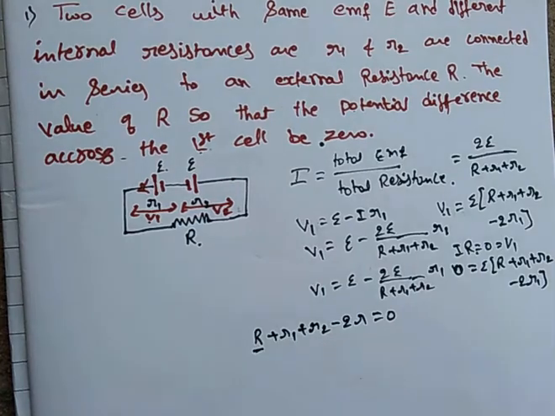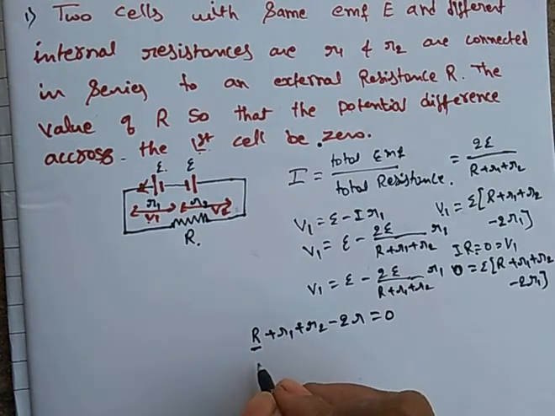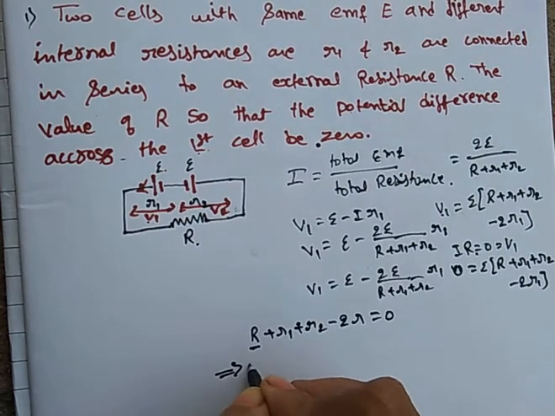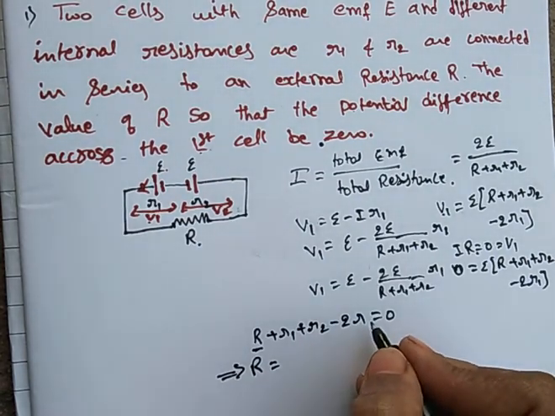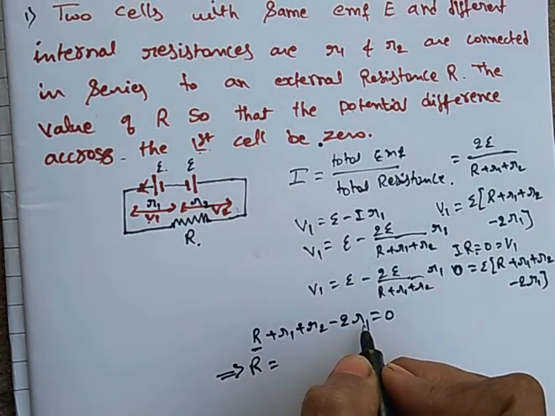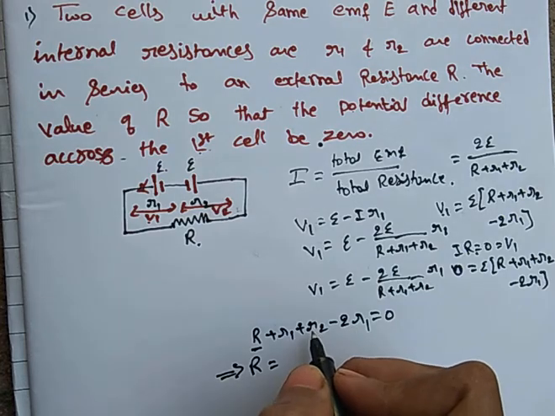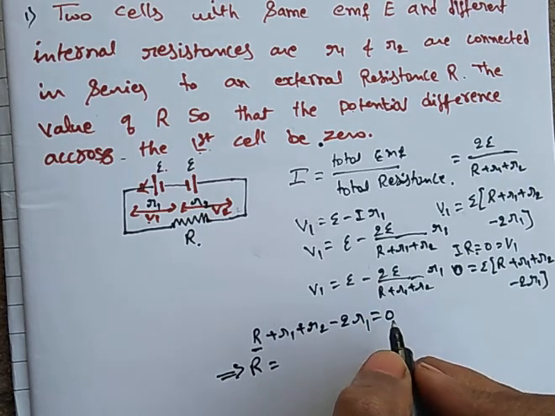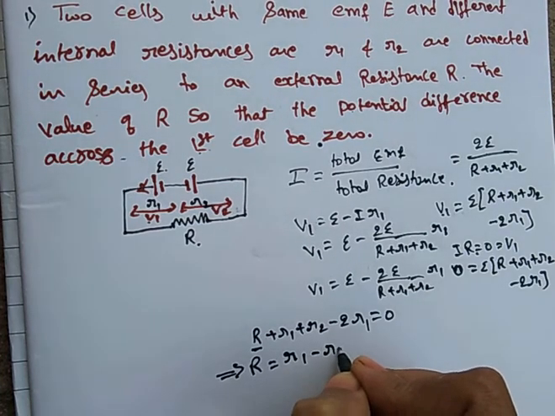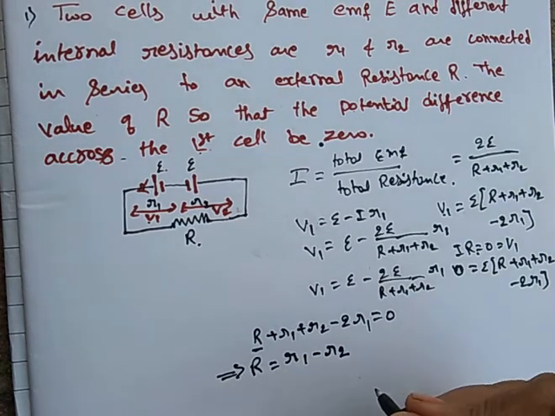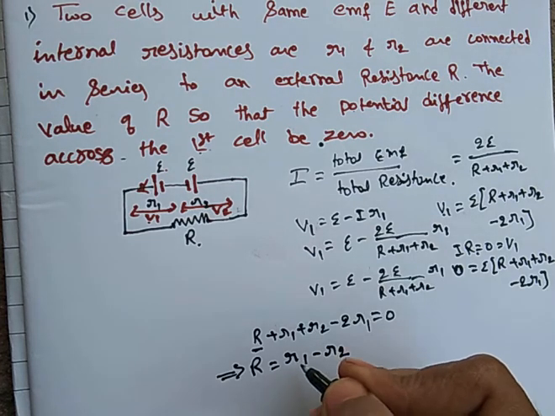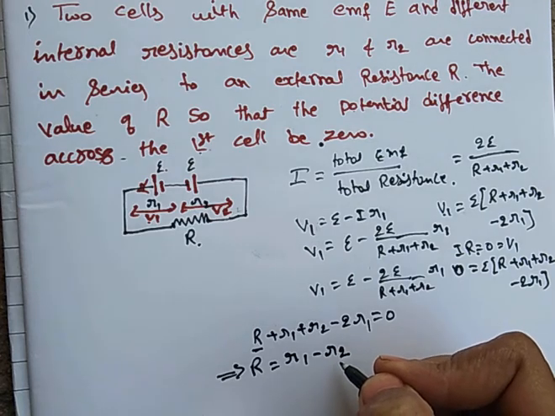We need to find R. So R equals minus R1 plus R2 from the left side, which is R1 minus R2. So the answer given in the options is R equals R1 minus R2.